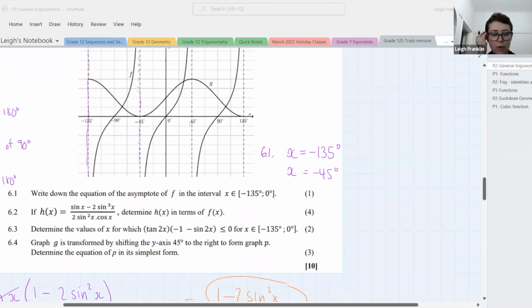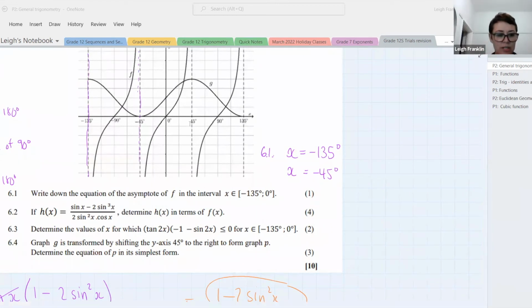Let's have a look at 6.3, because I'd like to just finish the graph with you guys before we finish today. It says determine the values of x for which tan 2x times minus 1 minus sine 2x is smaller than or equal to 0 for x is an element of minus 135 to 0.